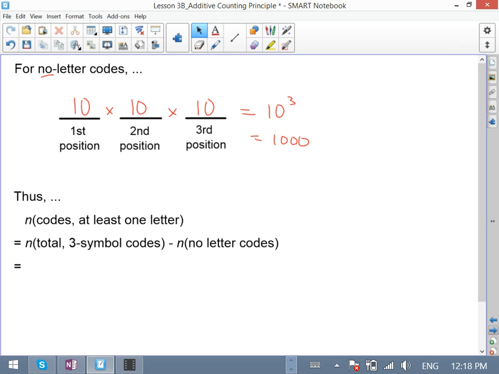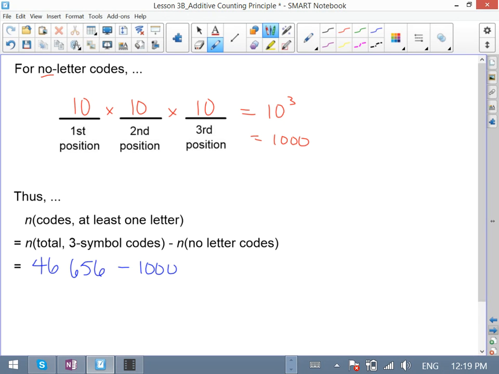Therefore, the number of at least one-letter codes is your total, 46,656 minus 1,000 no-letter codes, for a grand total of 45,656 codes. So that, in a nutshell, is how to differentiate between the two principles, and also how to use those principles together in a problem.